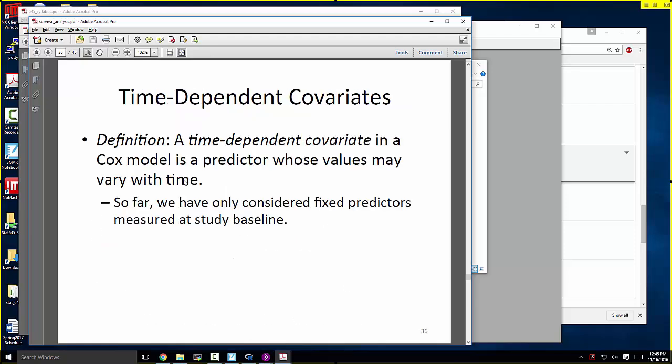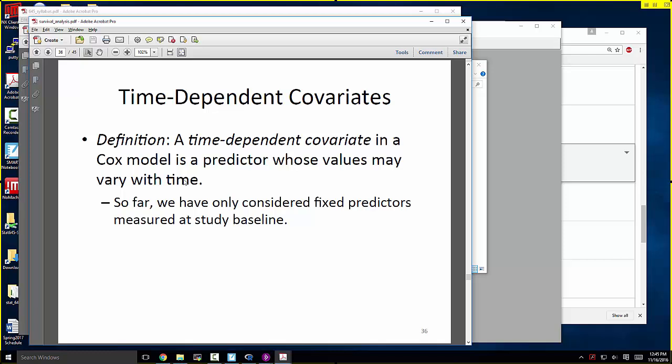At the tail end of the notes, beginning slide 36, there are a few technical issues that can come up when we're doing survival analysis modeling. One of which is called a time-dependent covariate.